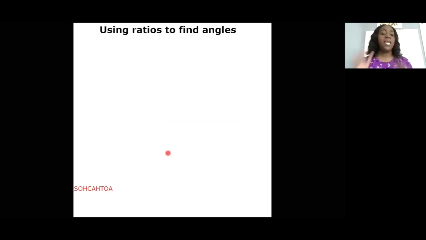Now, today's lesson. We're going to use our ratios to find angles. Trigonometric ratios are used to find angles or sides. How do you know when to use trig ratios or the Pythagorean theorem? The Pythagorean theorem won't talk about angles at all. When you see an angle, that's how you know you're dealing with trigonometric ratios.